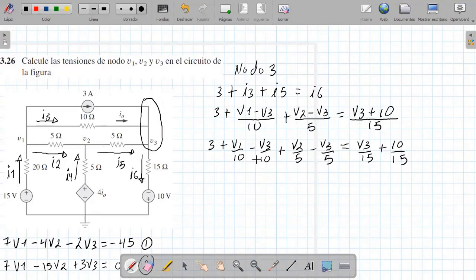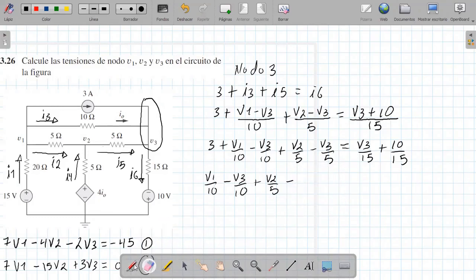Ready. Now I'm going to move everything to one side of the same. Everything that has a variable to one side and what is constant to the other. I have V1 over 10 minus V3 over 10 plus V2 over 5 plus V3 over 5, V1 as V2.